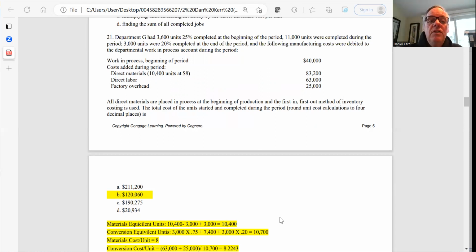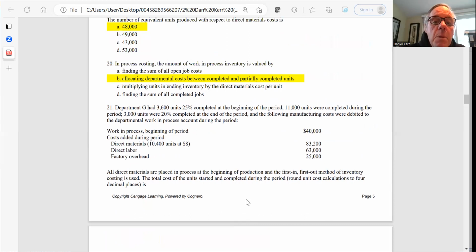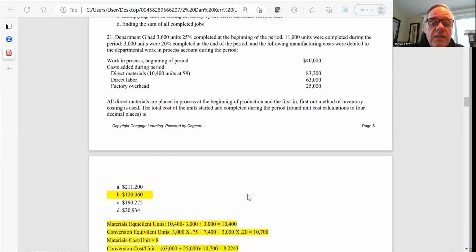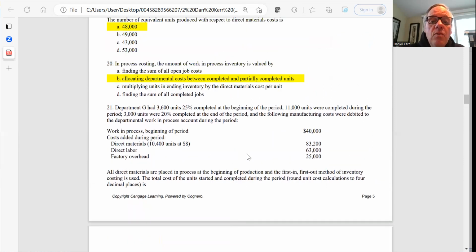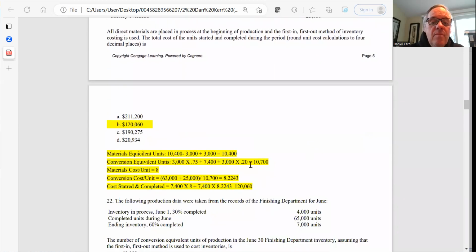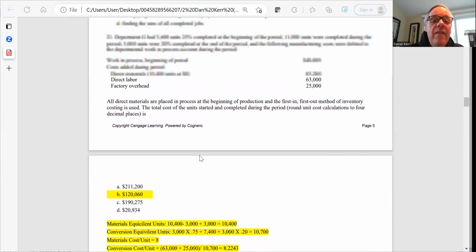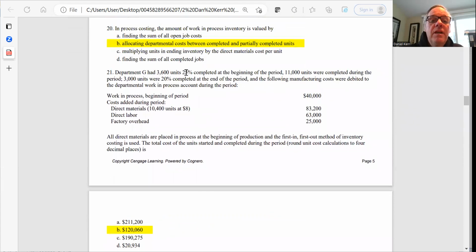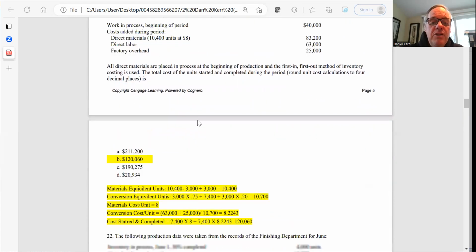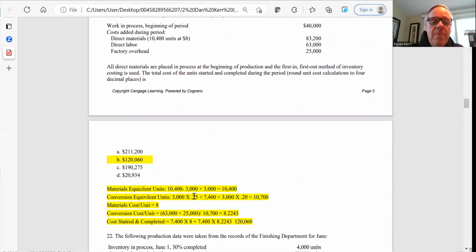So for conversion units, you have to take a look at the beginning inventory. So you had 3,600 units, 25% complete at the beginning of the period. So that actually, I put 3,000, that should be 3,600 times 75%.